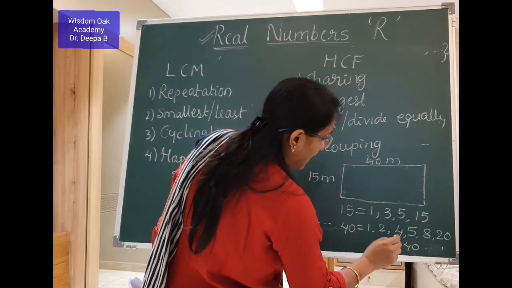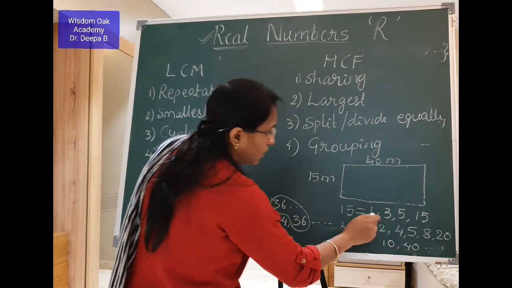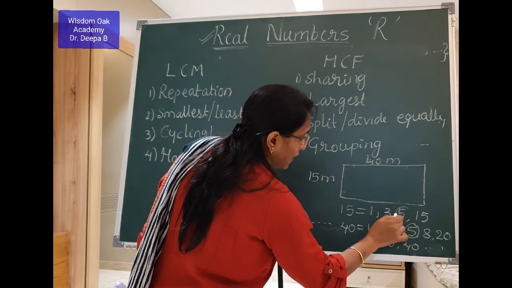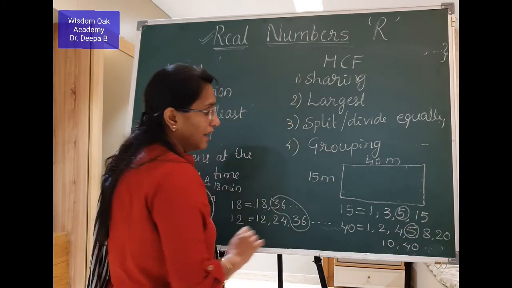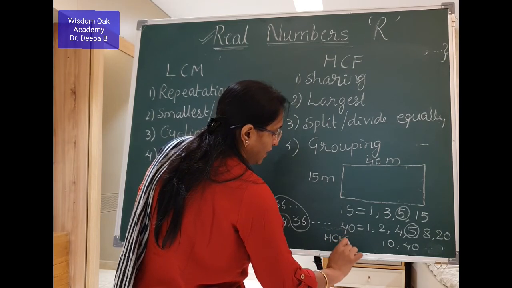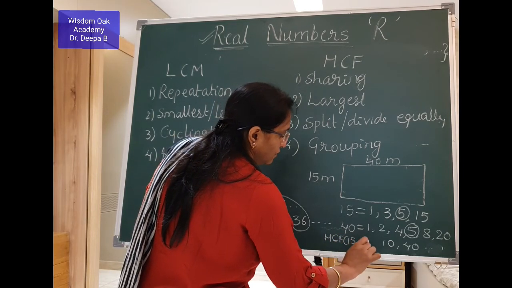Which is the common and highest factor here? 5 is common. Then the HCF of 15 and 40 is equal to 5.